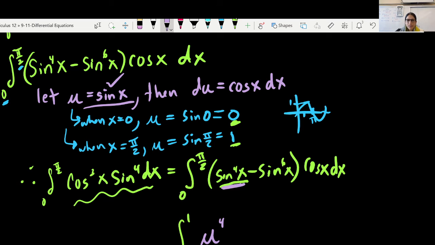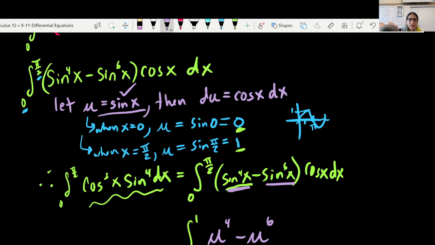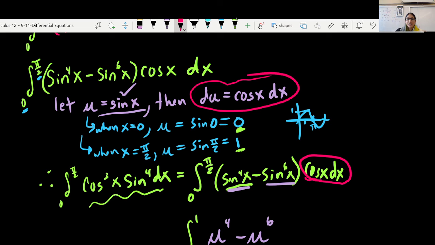And then minus sine to the 6x, so I could say minus u to the 6. And then cos x dx, remember this part here? Thank God for my colors, because how would you ever even see this or recognize this? But looking right here, remember cos x dx is equal to du, so I can actually write du in here.